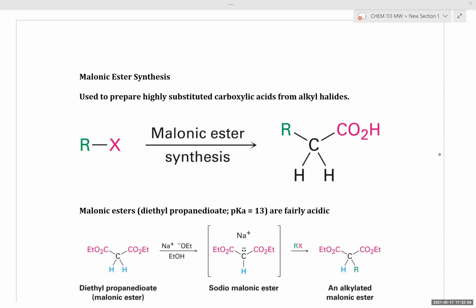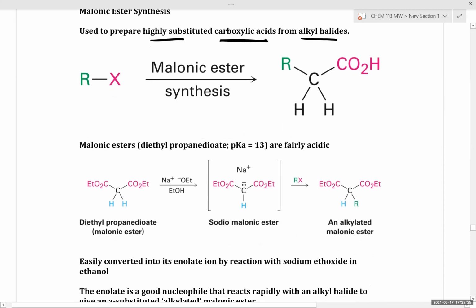So the malonic ester synthesis is incredibly useful to convert alkyl halides into highly substituted carboxylic acids. The malonic ester synthesis utilizes very similar enolate alkylation reactions.